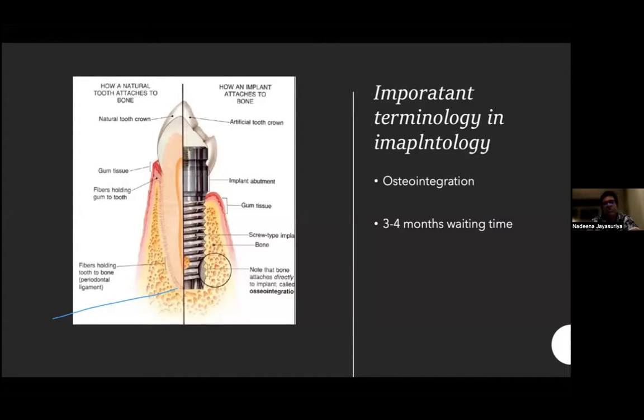So those things make an implant more expensive. And also, certain implants which have been in the market for a long time, they have done a lot of research. So that too causes the implant to become more popular and more expensive.